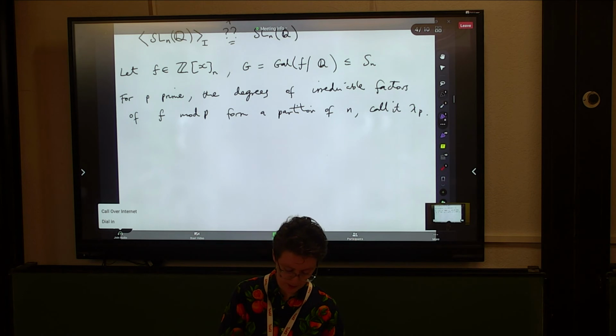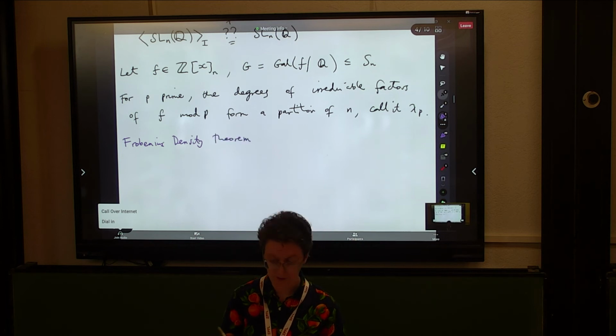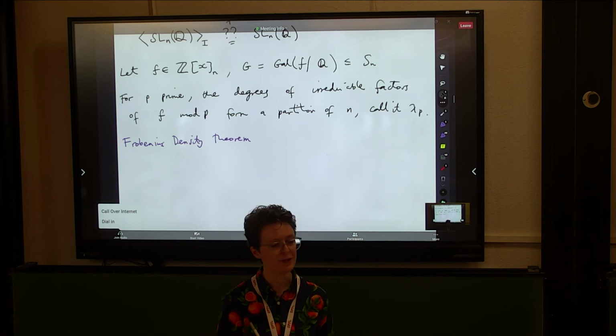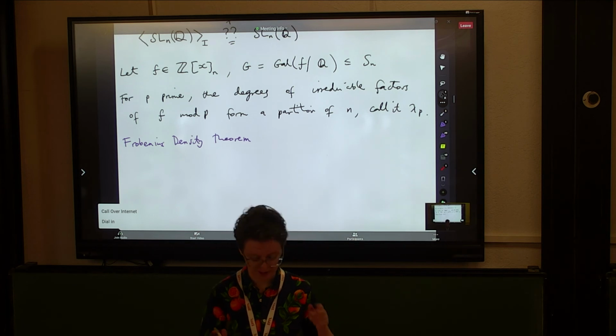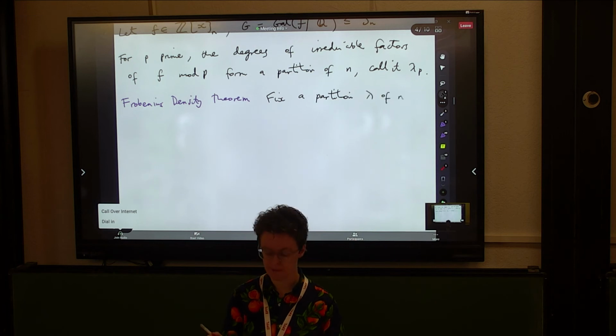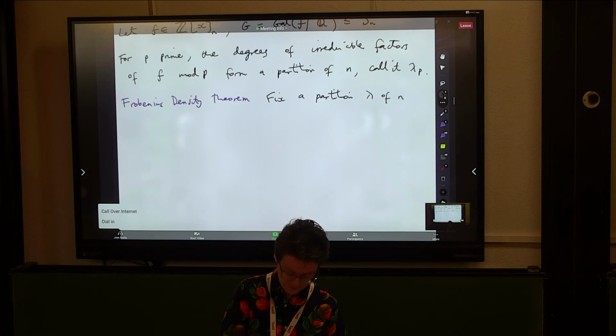And now we're going to look at the Frobenius density theorem and see what it tells us about lambda_p. So you probably know this being called the Chebotarev density theorem, but the Frobenius density theorem is a special case, so I just write that one instead. And we first have to fix the partition, lambda of n, and we're going to look at two densities and say that they're basically the same.